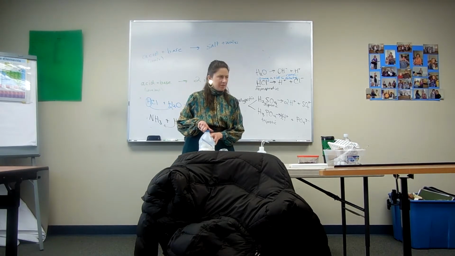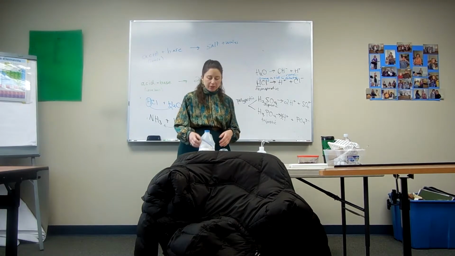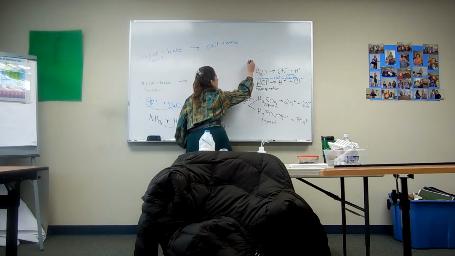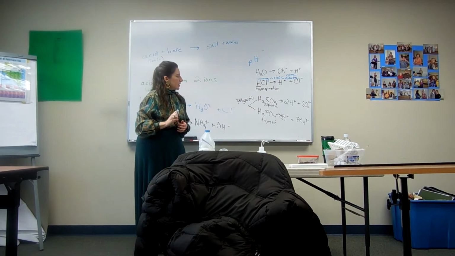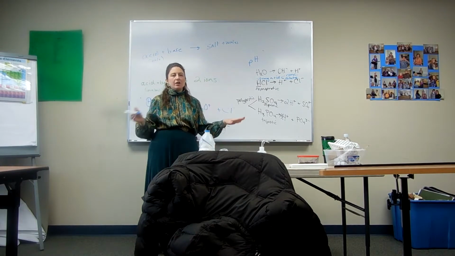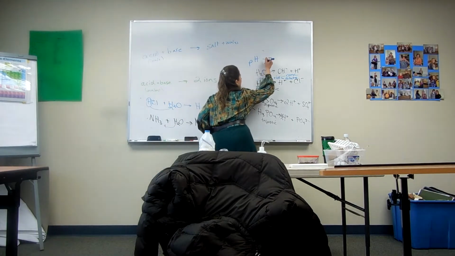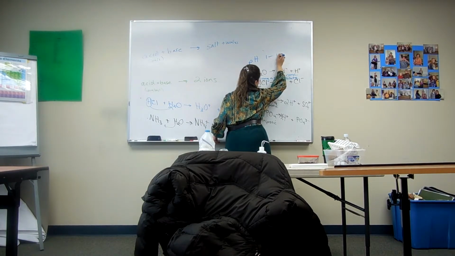This chapter doesn't cover pH at all, which is crazy in acid-base chemistry. I think we do cover it in a little bit, but pH is the scale that we use to tell how basic or how acidic something is. So I'll just give you a quick rundown. It goes from 0 to 14.